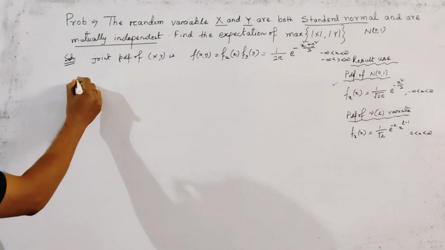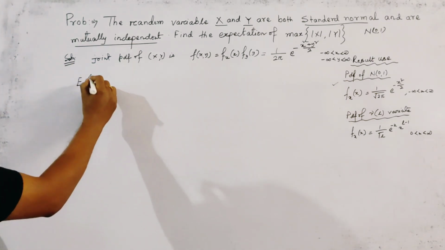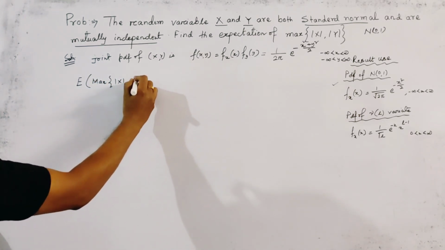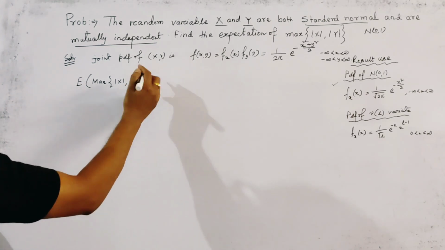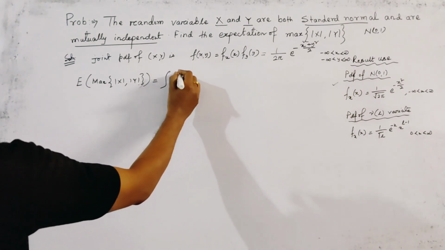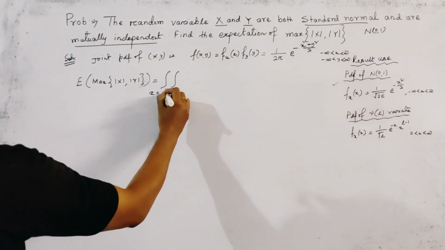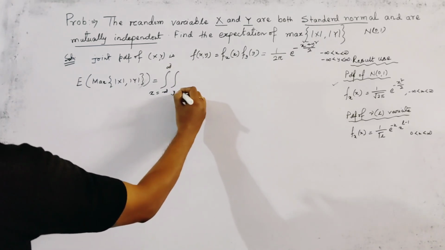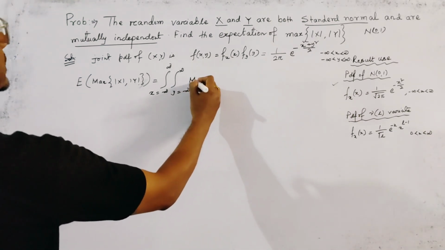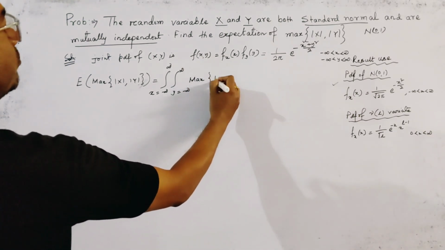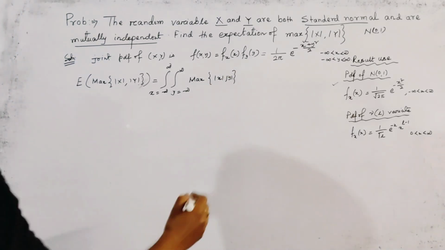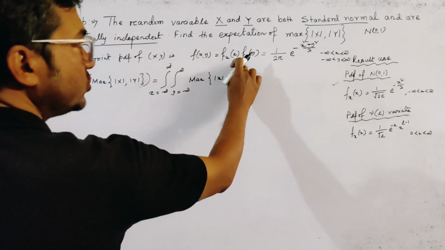Now we use the definition of expectation of max(|X|, |Y|). And what is the definition of expectation? The definition of expectation is given by the double integration, x from minus infinity to infinity and y from minus infinity to infinity, of max(|x|, |y|), in real variables, times f_XY dx dy.